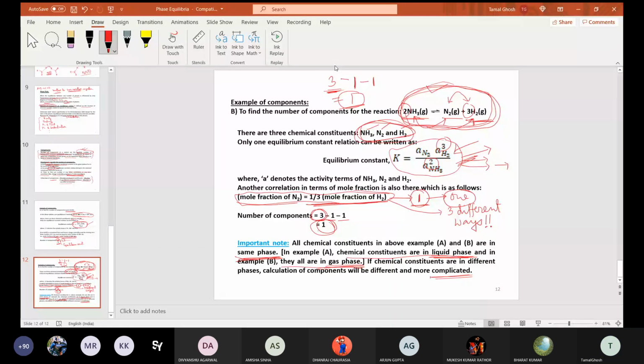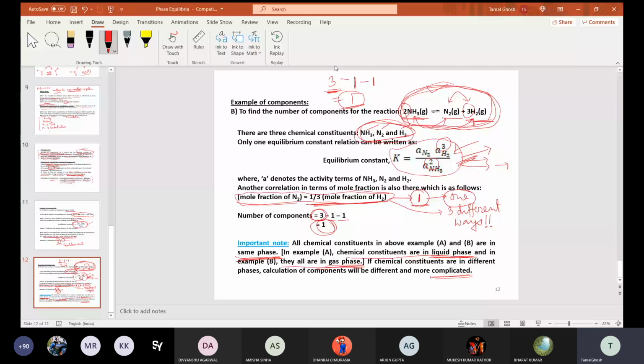In the previous example, it was the charge neutrality we were writing as the correlation. So you have to see the equation, whether you can write a correlation between those chemical constituents with the concentration of those species or not. That you have to search.